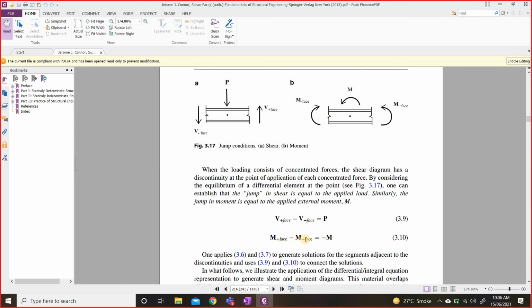M on the positive face minus M on the negative face is equal to minus M. The change between these two is equal to minus M. So if you know M negative face, you can use it to calculate M positive face, and if you know M positive face, you can use it to calculate M negative face by either adding or subtracting this M value depending upon your case.